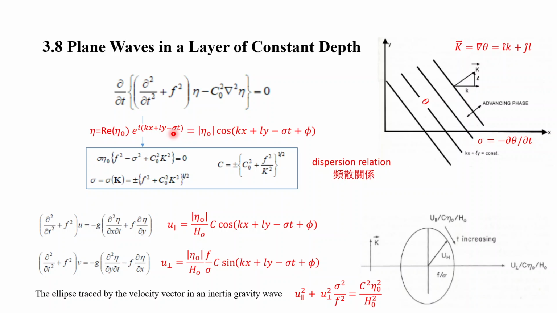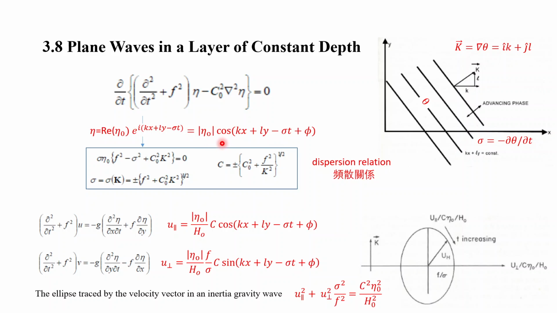Sigma is the frequency. You can show that in the plane waveform the constant phase propagates following the capital K direction, and oscillates in time at the frequency sigma. The mathematics of this plane waveform is explained in the lecture notes. Please refer to the notes.